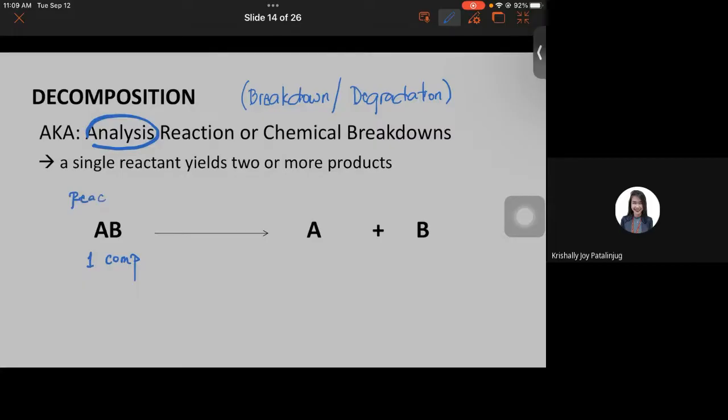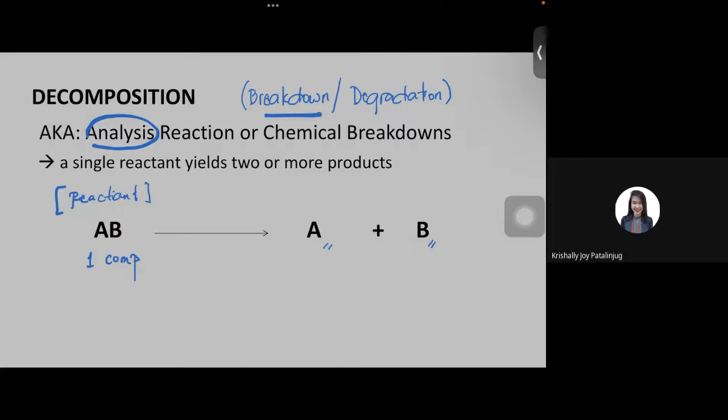Now, after certain processes of the decomposition reaction, breaking down of this one single compound, it forms two or more simpler substances. So kabaliktaran naman ng synthesis. So solely breaking down of substances is involved in this type of chemical reaction.